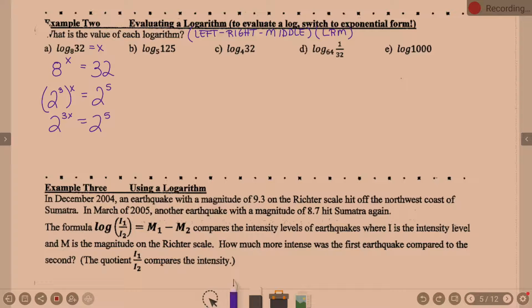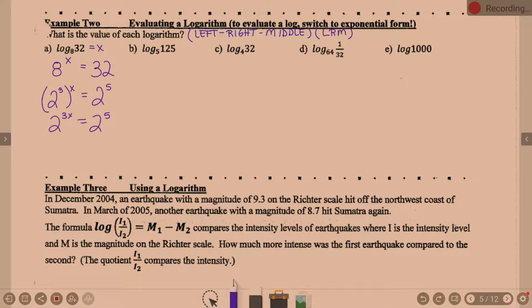Think logically. This is an equation, right? Both sides are equal. If the bases are the same, what's going to have to be true about the exponents? The exponents are going to have to be the same. Somehow, 2 to the 3x has to equal 2 to the fifth. The nice part is, once you get the bases the same, we can drop the bases off and just solve the exponents.